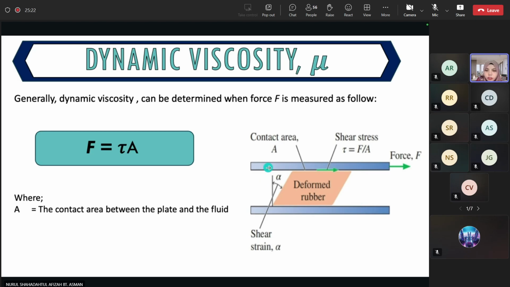So that's why there is shear here, the speed is different. Because we have the force or contact area.